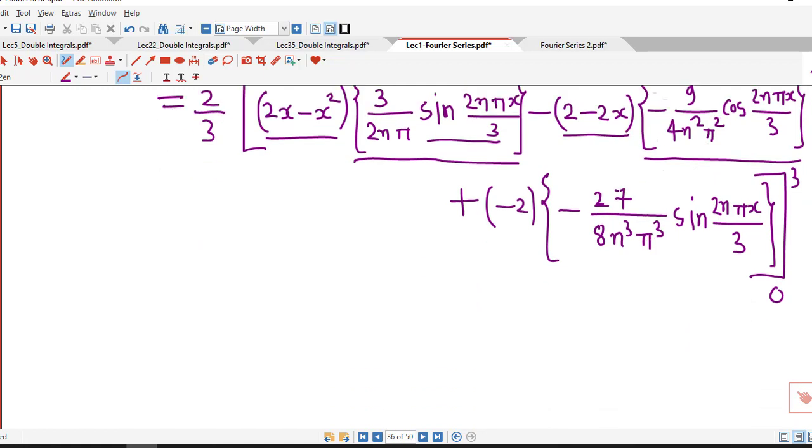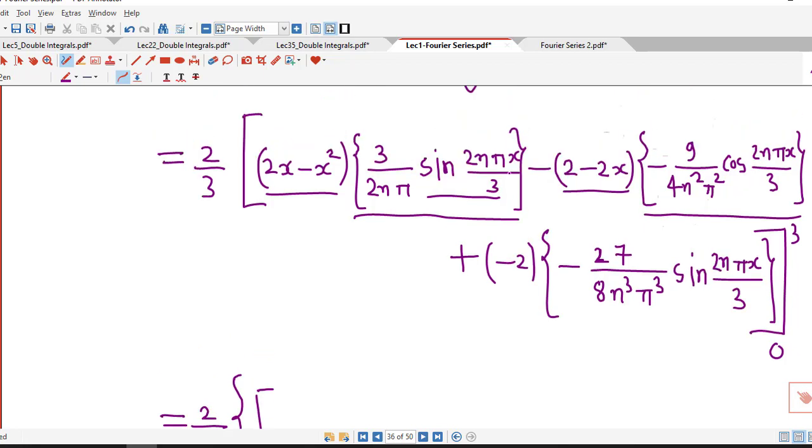So now we can put the limits. First we check what we obtain for x equal to 3, and then we will see what we obtain for x equal to 0. So when x is 3, this sin 2n pi x by 3 will become sin 2n pi.